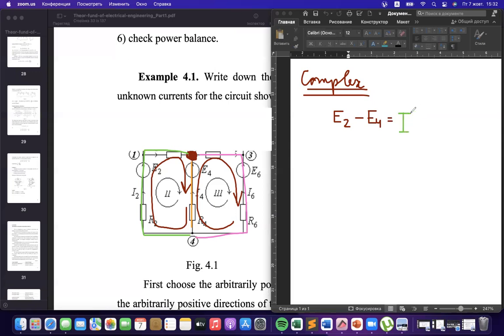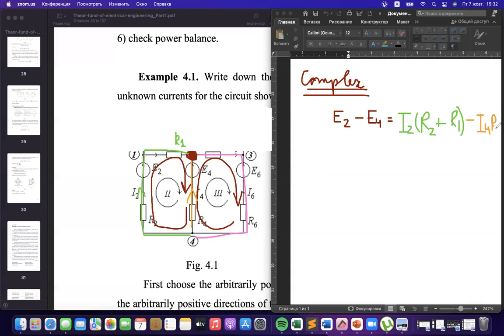Then we have this current, let it be called I2, times the value of resistivities. Let it be, for example, R2 plus R1. And minus, because of opposite direction, as you see on the current I4, in the opposite direction as we look on the direction of the mesh.